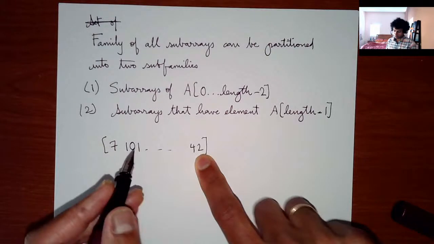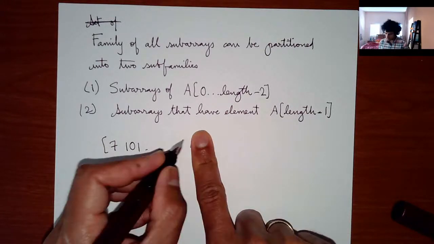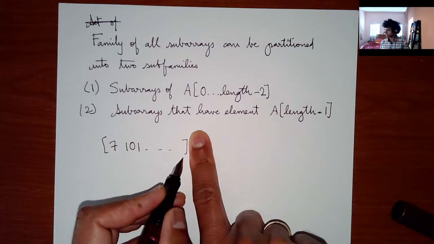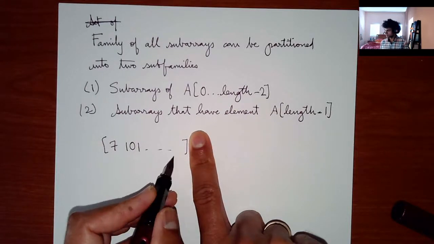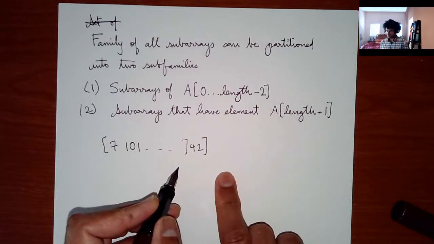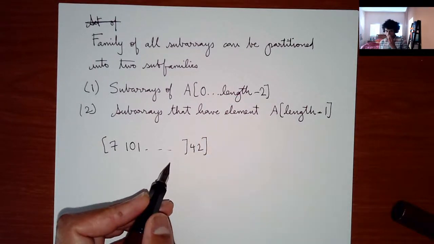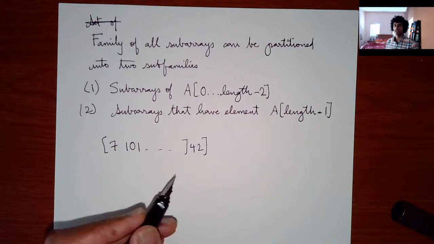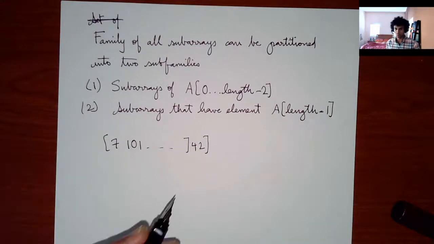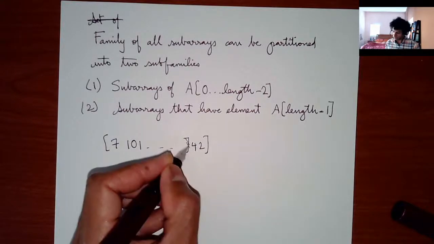Those that don't have 42 are really subarrays of everything going from here to length minus 2. Does that make sense? No, you don't have to do this for every element. The recursion will take care of it. If you recursively do it, it will take care of it. I'll do these recursively.